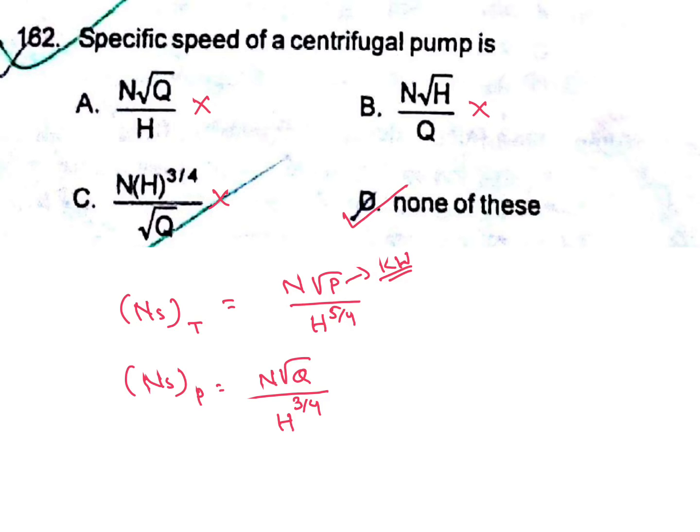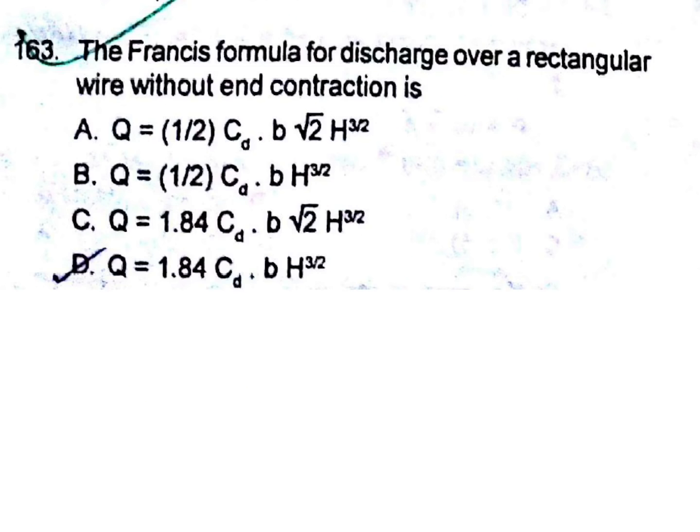The Francis formula for discharge over a rectangular weir without end contraction is, this formula directly you have to remember. D is the answer. Q equal to 1.84 CD into B, H to the power 3 by 2. One more thing is important here.